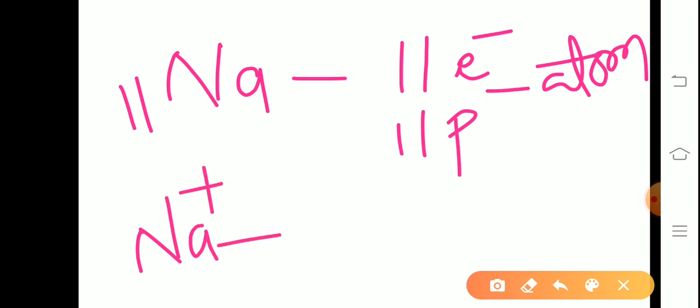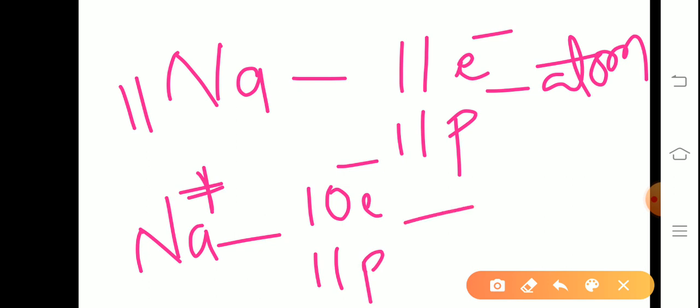After losing one electron, the sodium atom becomes a sodium ion. So after losing one, there are 10 electrons, but there should be no change in the number of protons, so 11 protons. Understand? That's why this becomes an ion with 10 electrons and 11 protons.